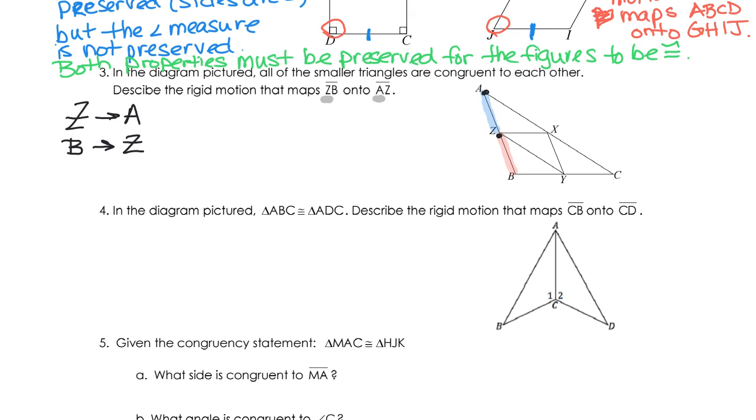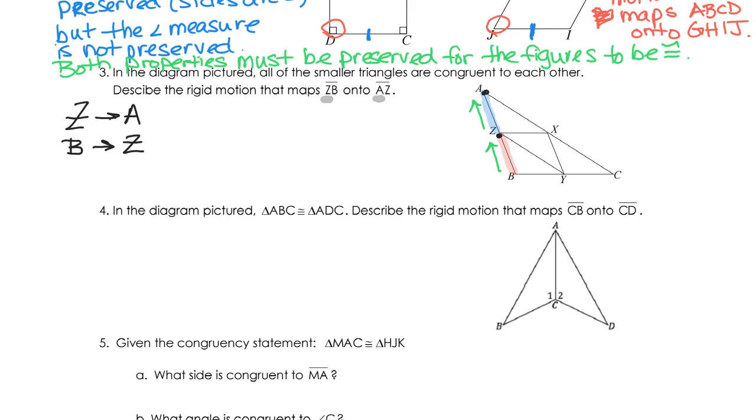If I flip the red line segment, that's not going to make it go. If I flip it, Z would stay Z. If I rotate it, Z would stay Z. The only way that I can get this red one and have Z go onto A is if I slide it up there. Slide the red one all the way up onto the blue one.